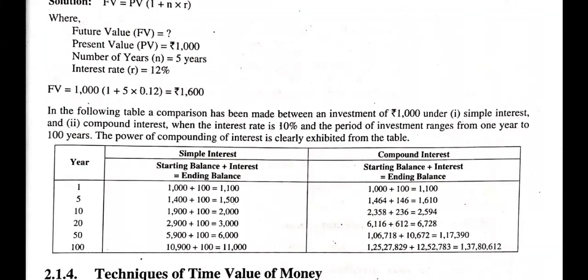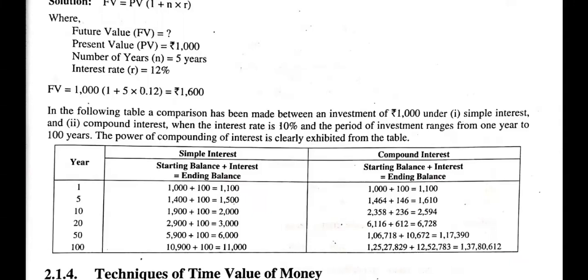Now in 5 years, here in compound interest, it will change. Why has it changed? Because in second year, you will calculate 10% on 1100, right? You will get 110. So 1100 plus 110, we will get 1210.